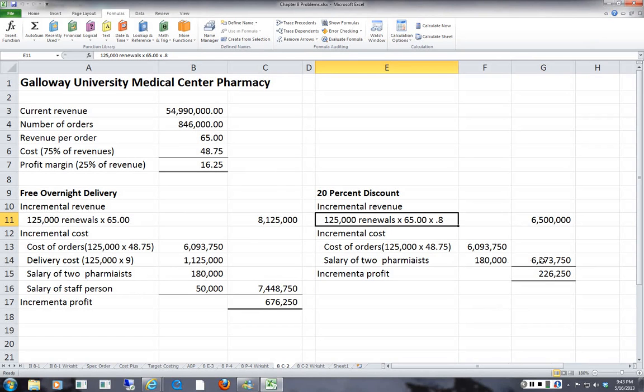So the total incremental cost of a 20% discount would be $6,273,750 of cost, yielding a profit of $226,250. So obviously, it is better for them if they have the free overnight delivery and they go with that rather than the 20% discount.